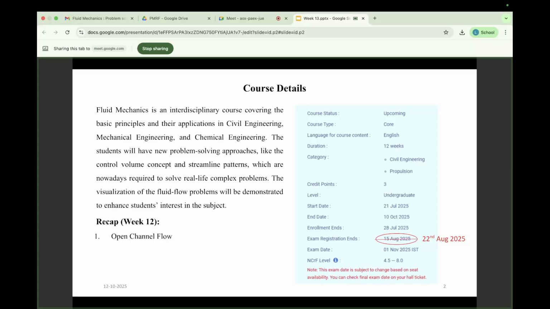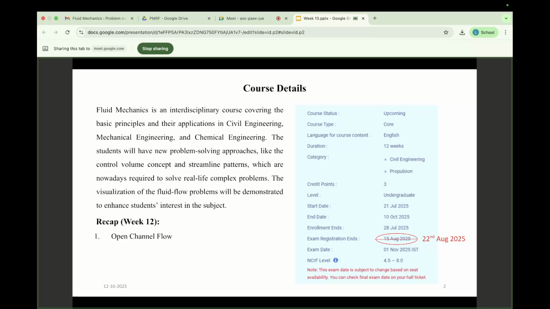As you have already completed this whole course, you should understand why it is important and how fluid mechanics helps you in your engineering perspective or in real-life problem solving. You have studied a lot of concepts: surface tension, capillary action, Bernoulli's equation, Pascal's law, the Navier-Stokes equation, open channel flow, pipe flow, and losses in a pipe.